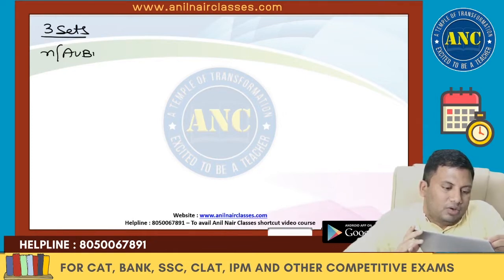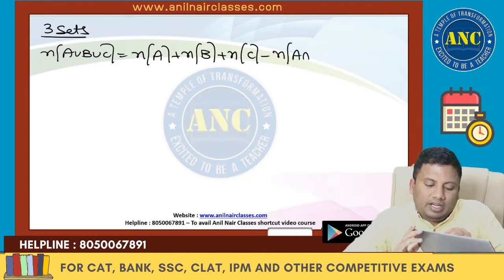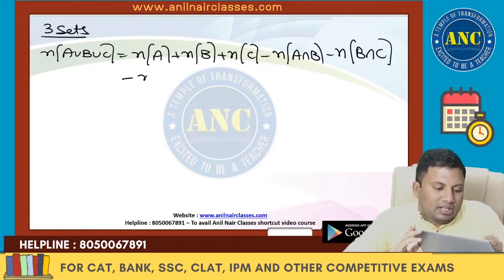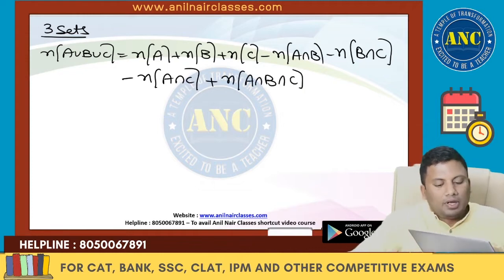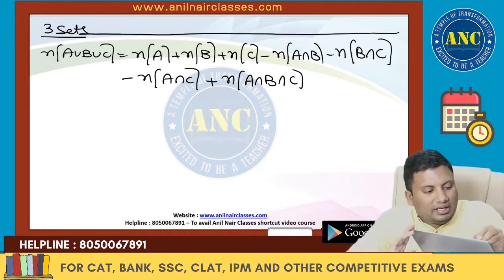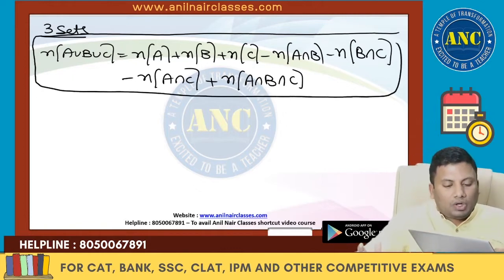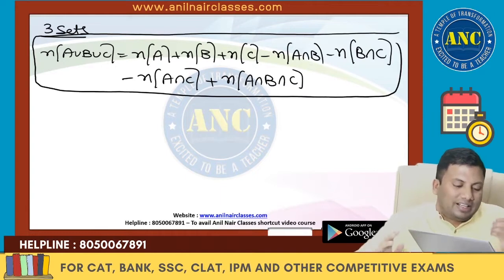N of A union B union C is N of A plus N of B plus N of C minus N of A intersection B minus N of B intersection C minus N of A intersection C plus N of A intersection B intersection C. This is the fundamental theorem of inclusion and exclusion. We will try not to use this formula unless it is required.